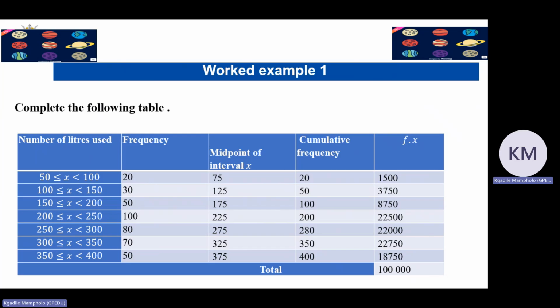Already you have calculated them here, and the total is 100,000. But the total number of users is 400. So this will be 100,000 liters used, and here it will be 400.